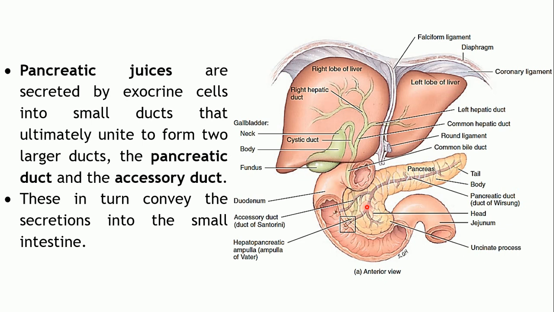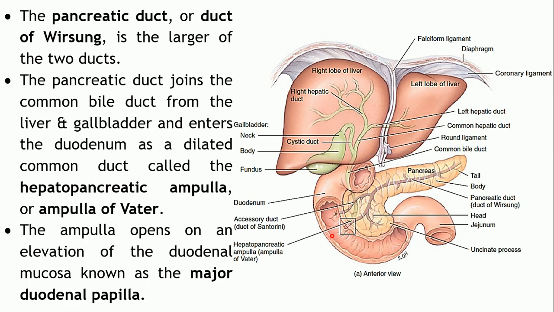This one is known as pancreatic duct, or it is also known as duct of Wirsung. And the second main duct is the accessory duct. This is also known as duct of Santorini. So these two are the ducts which will mainly convey the pancreatic juices into the small intestine.